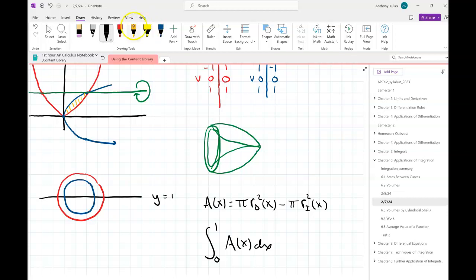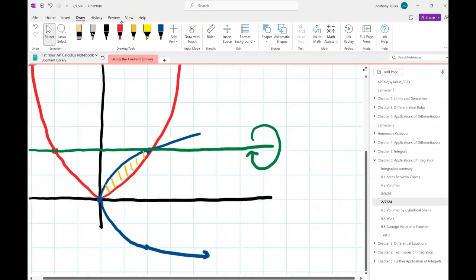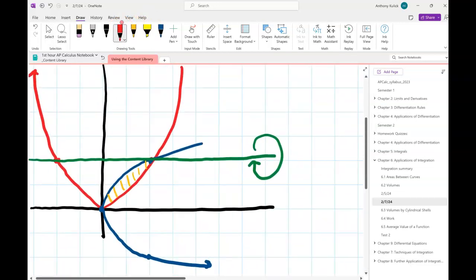All right. So let's go look at our picture here. So this would be my r outer, right? Again, I'm going from the axis of rotation to the outermost part of my function. So if that's just some point (x, y), what is that distance right there?